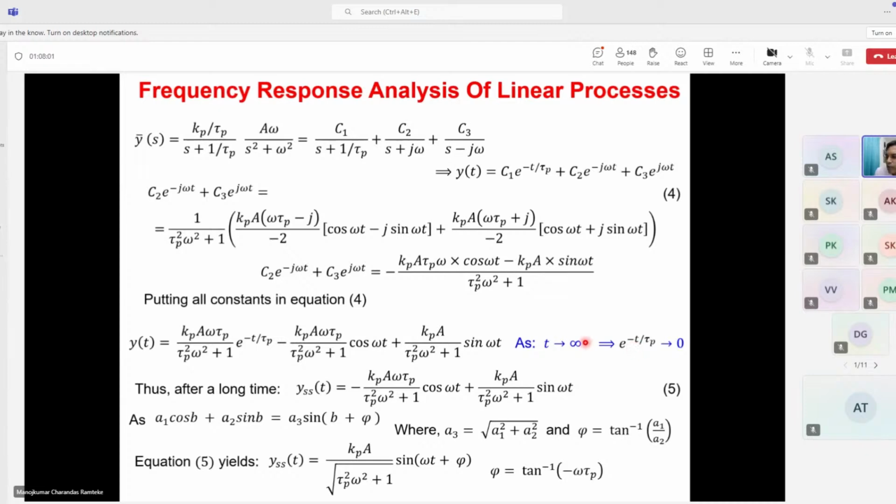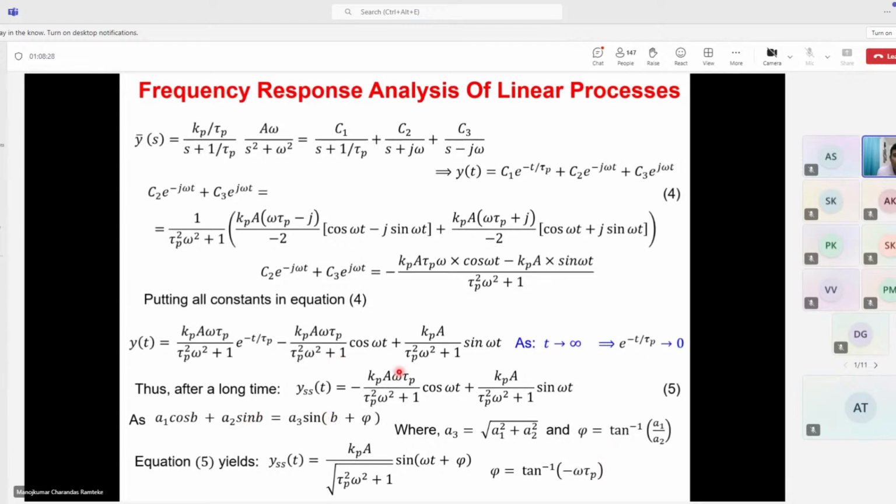I can combine the remaining two terms using this particular formula: a1 cos b plus a2 sin b will be given as a3 sin(b plus φ), where a3 is given as under root a1 squared plus a2 squared, and φ will be given as tan inverse of a1 by a2, isn't it? So that's what we have done here.